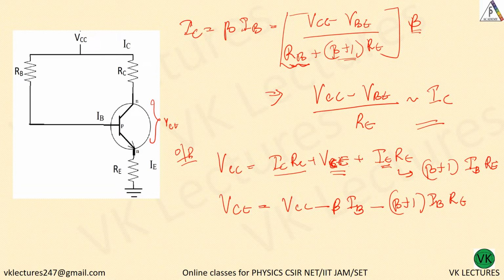So make this common. VCC minus IB, you can take it out. Beta times, sorry, this is beta IB into RC. Here RC is there. So beta times RC plus beta plus 1 times RE.